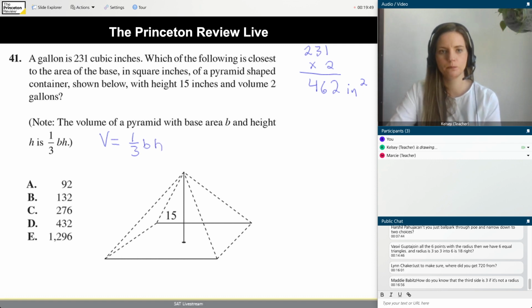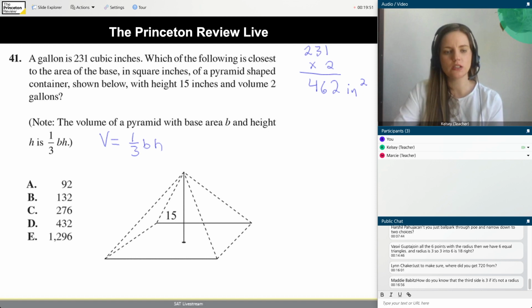Okay. So let's think about which pieces of this equation we have. We're looking for the base area, which is going to be like the area of the quadrilateral that's down on the bottom here. But we have the volume and we have the height. So let's plug in what we have and solve for what we don't.